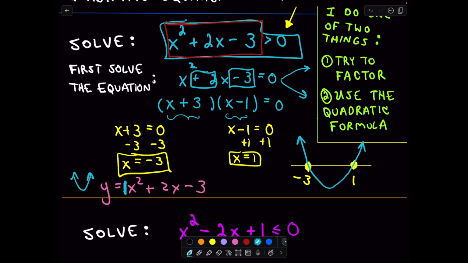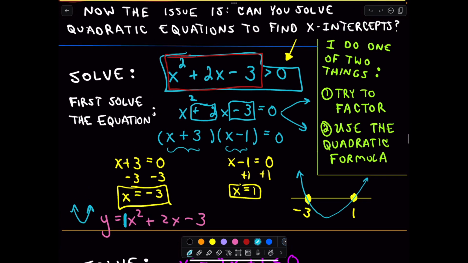I don't know how far it goes down. My graph could go way far down. So that's a poor looking graph, but all I know is that it's opening upwards because of that leading coefficient. If it opens upwards, that's a rough enough graph for me to answer this question, because if it has to be greater than 0, greater than 0 says above the x-axis.